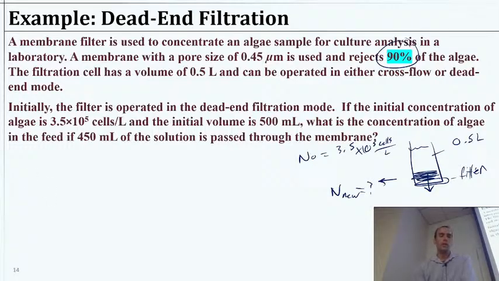So what we can do is we can take the 450 milliliters, or 0.45 liters, and say, well, how many cells were in that, and how many cells left? Actually, what I should probably do is we'll come back to that. We'll say how many cells of algae are in solution.